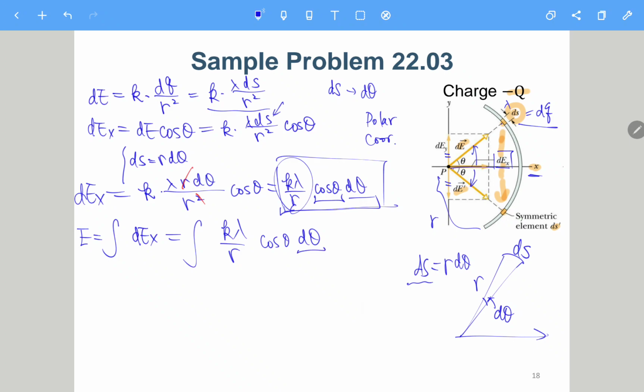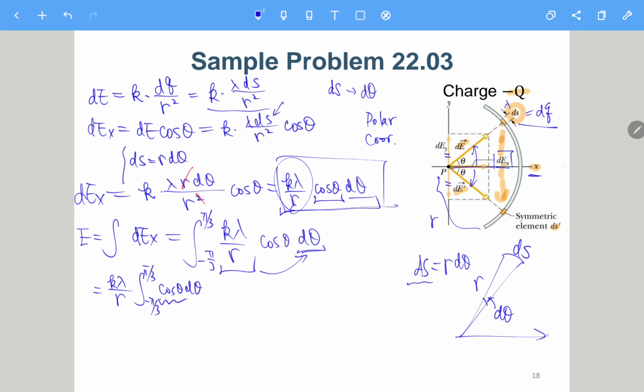So the lower and upper bound of the integration will be negative pi over 3 to pi over 3, as I mentioned. Here we know that these are constant for theta, which means that we can just put them outside, k lambda over r, and then we have an integration of cosine of theta d theta from negative pi over 3 to pi over 3.